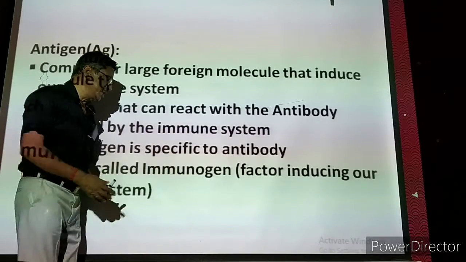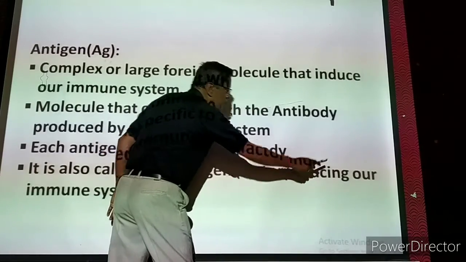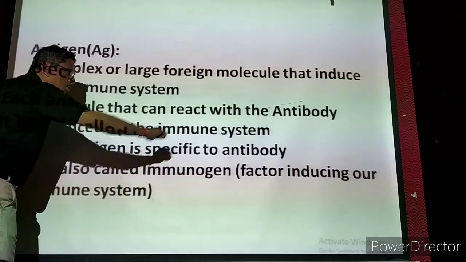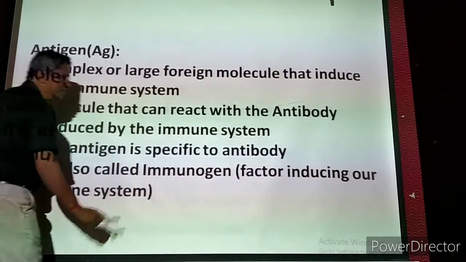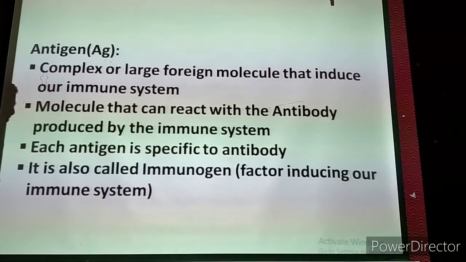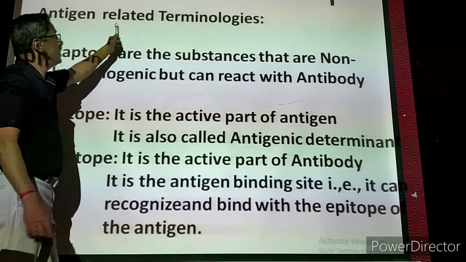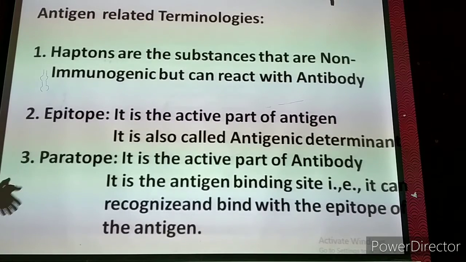What is the meaning of immunogen? Factors inducing our immune system. Instead of telling the long phrase, we can tell only one common term, immunogen. So antigens are also called immunogens. Now antigen related terminologies, the foreign molecules, larger molecules.